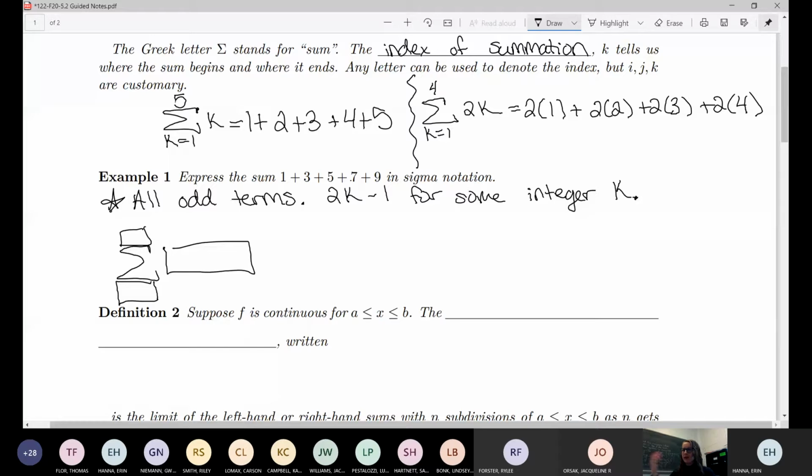If you give me 0, I'm going to get -1, which is odd. If you give me 1, I'm going to get 1, which is odd. If you give me 2, I'm going to get 4 minus 1, which is 3, which is odd. Any integer you give me, if I plug it into that, I'm going to get an odd number. So since all of those numbers are odd, they all take the form of some 2k minus 1.